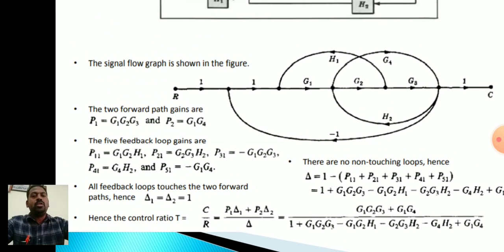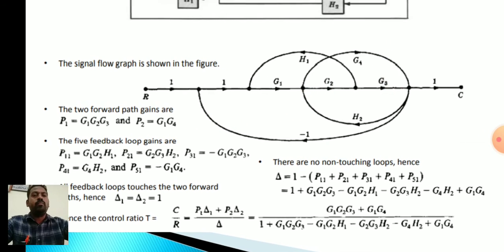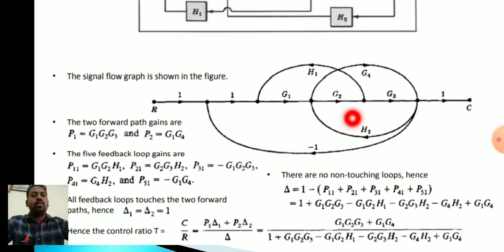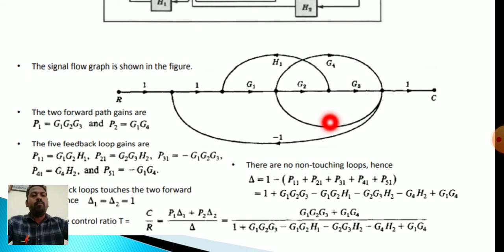Then G2, G4, H2. That is G4 and H2. Only this one. This is one loop. G4, H4. What is the fifth one? G1 and G4, so directly here to here. That is another loop. And there are 5 loops.